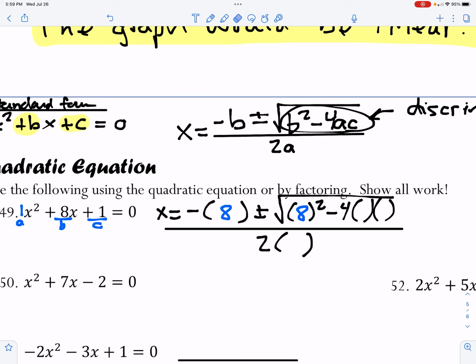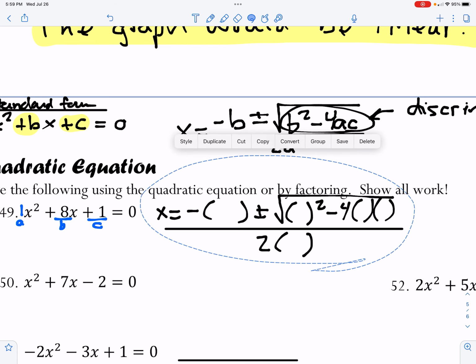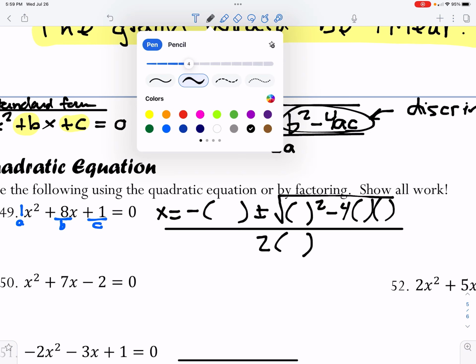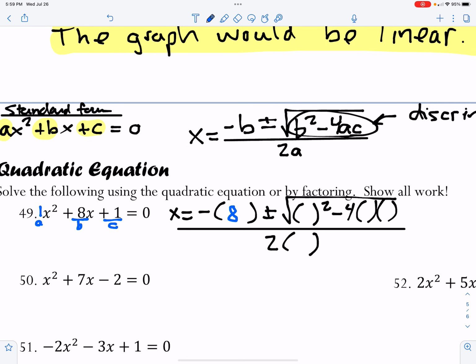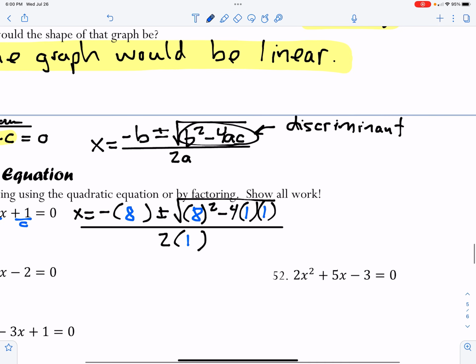So actually, let me just go ahead and copy this down, and I'm going to be substituting into this for each problem. There we go. So the b term is 8. Then we're going to go 8 squared, minus 4 times a, which is 1, times c, which is also 1, over 2a, which is 2 times 1.